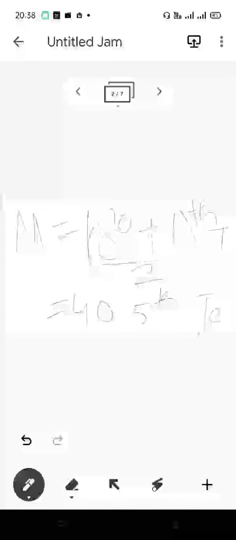Now after applying the formula, the third step in discrete series is to find the cumulative frequency. The values written in black are the values of the variable, that is size. Values written in red are the frequency.